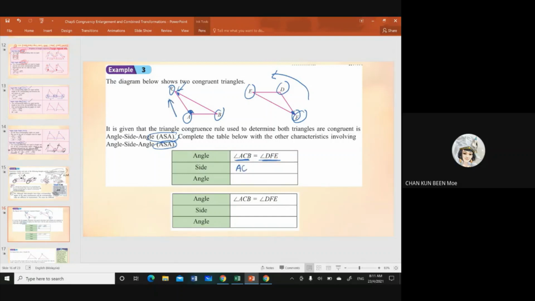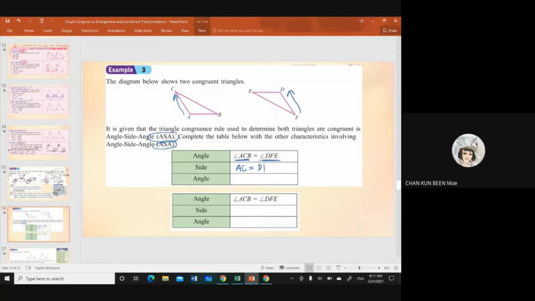AC. Are you okay? Yes. Okay. So AC, can you let me know AC is equal to which one from here on the right, the second diagram? DF. AC is equal to which one? DF. Yes, very good. This one is equal to this.